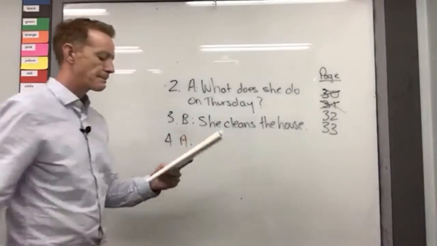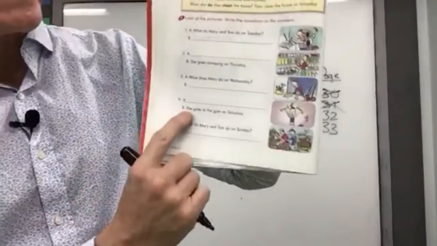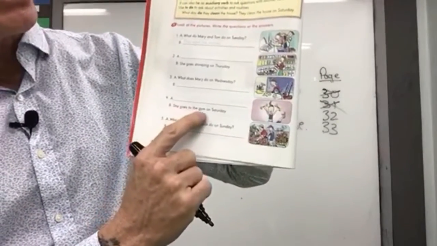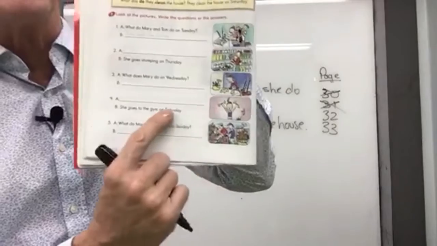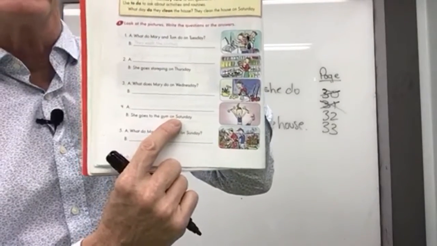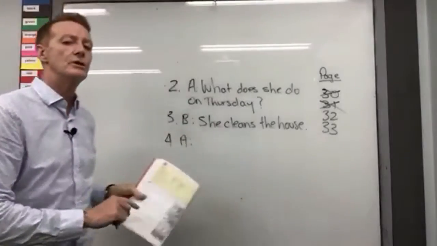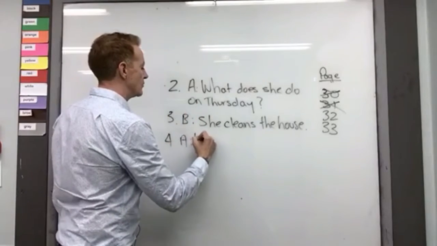4A. Now we have a question that we have to make. The answer: she goes to the gym on Saturday. The gym, health club. So what kind of question can we make? We can start with what.